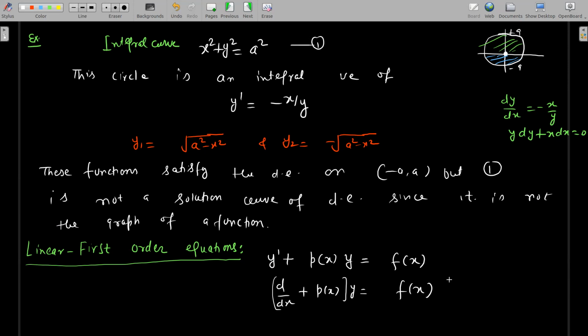So the first result in this direction that you have already studied in your college, but here I am restating it in the context of variation of parameter, and this is perhaps the first theorem.